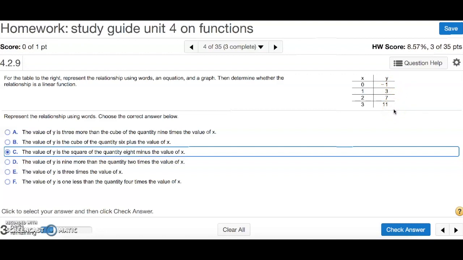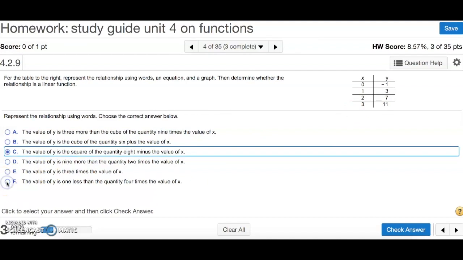Now when you add 4 to each one, basically what you would do is multiply your x value by that number because that is your rate of change. So it'll be 4x. So if you pick an x value, say 1, and you do 4 times 1, you get 4. What we need to do to that 4 to get 3 is subtract 1. That describes f.